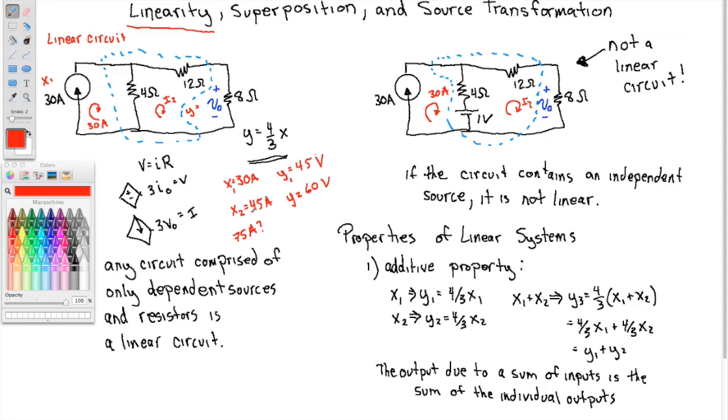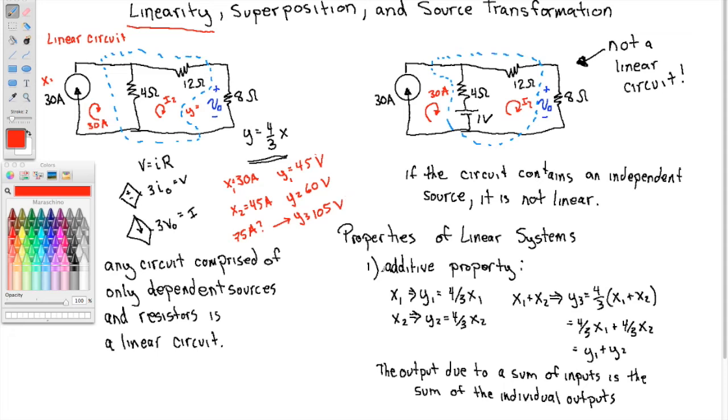Notice that's x1 plus x2. What are we going to get out? Well, the output due to the sum is the sum of the individual outputs. So if we know 30 and we know 45, then when we plug in 75, we're going to get the sum of those two. We're going to get 105 volts.